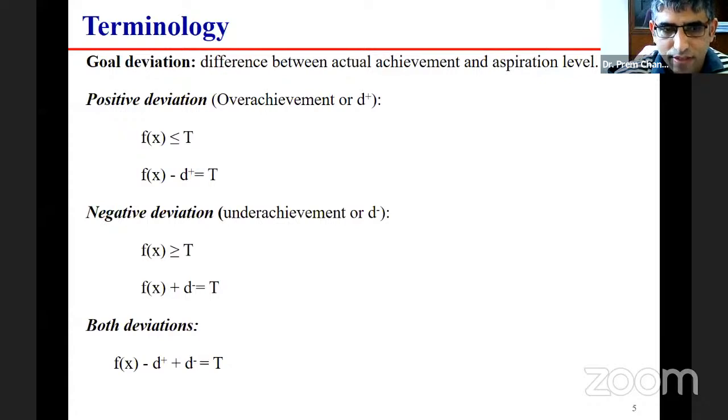Then if I want neither negative nor positive, or I want both, I can accept less also, I can accept more also, so I add both negative and positive. So positive deviations are subtracted and negative deviations are added to the left hand side to balance the equation. Got it?